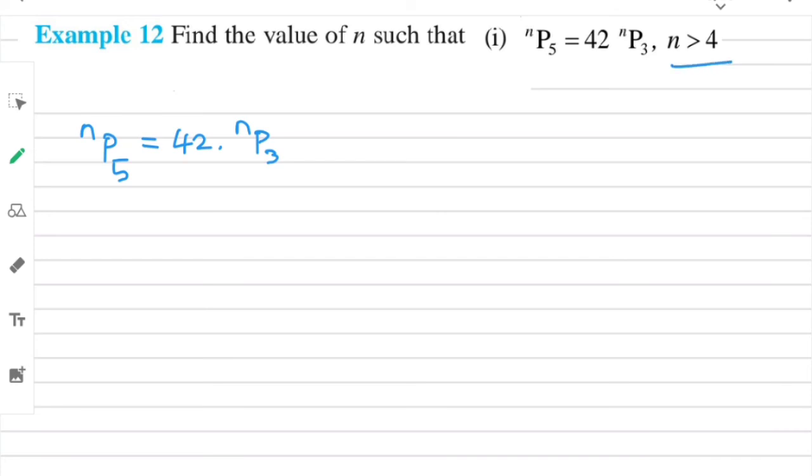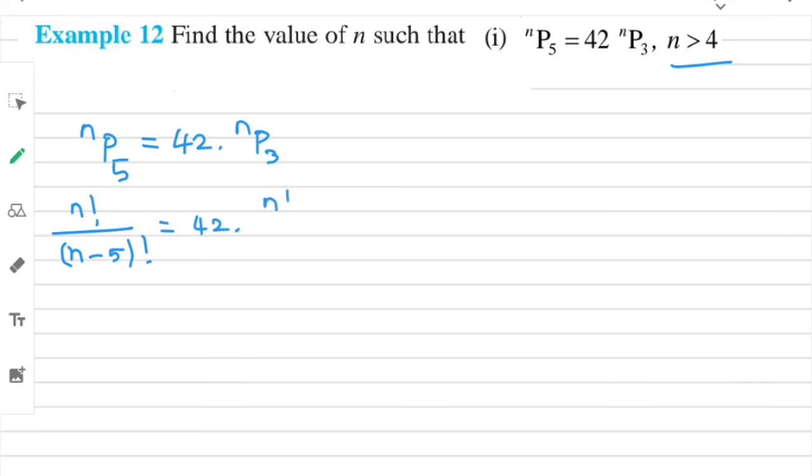Okay, n should be greater than 4. Now I am going to substitute the formula nPr. What is nPr? n factorial by (n minus r) factorial. Here r is 5. So (n minus 5) factorial is equal to 42 into nP3.